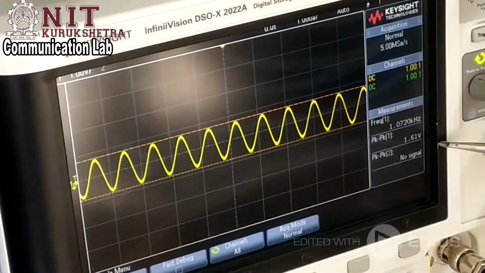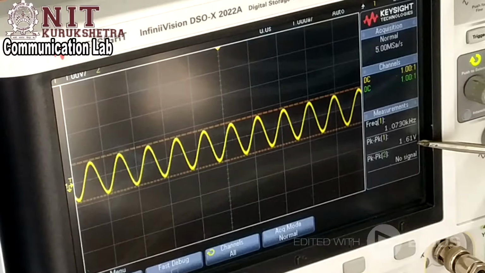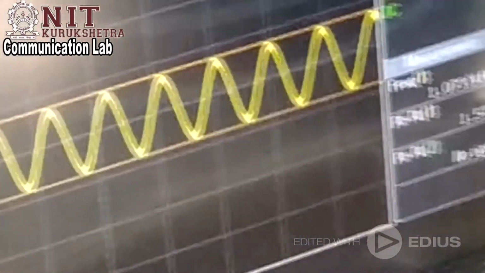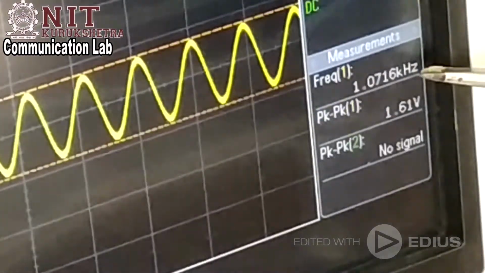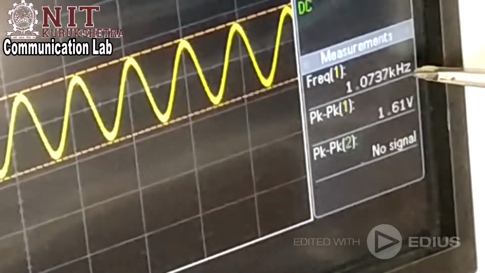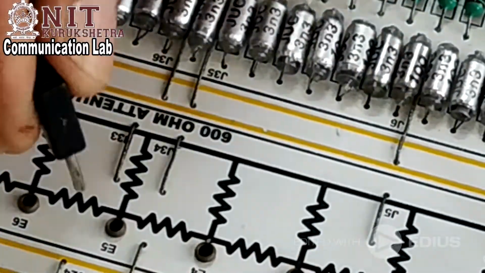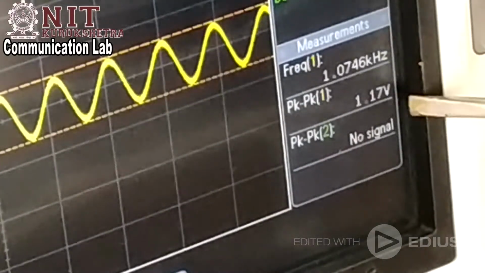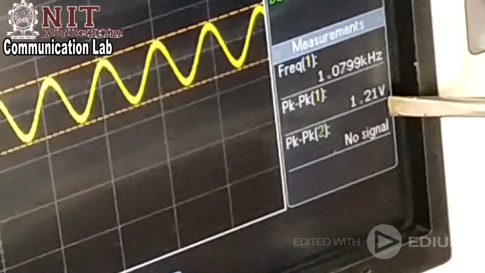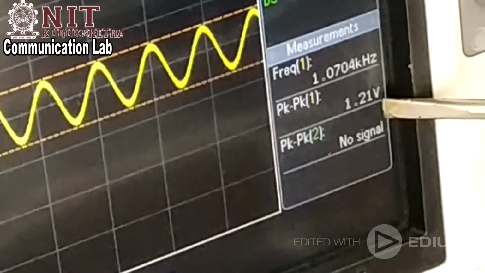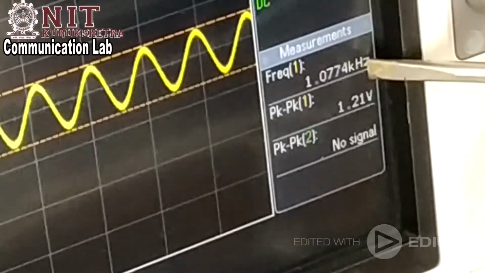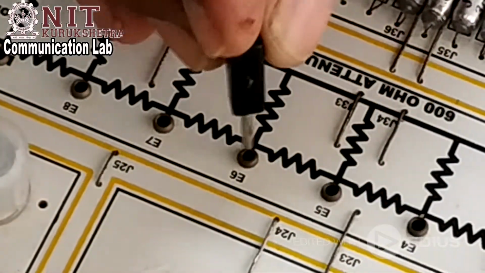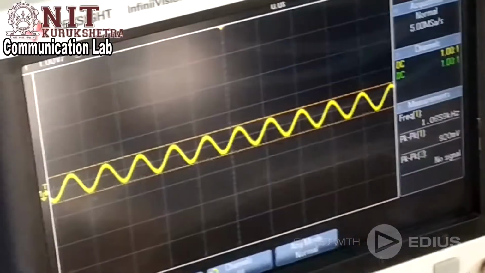The voltage at E4 is 1.5 volt and the frequency is the same, 1 kilohertz. With the CRO probe at E5, the voltage is 1.2 volt and the frequency is the same, 1 kilohertz. In the same way, now we are connecting the CRO at E6.